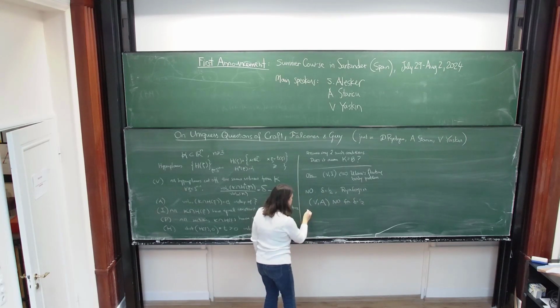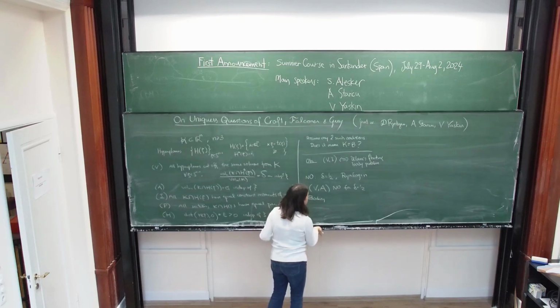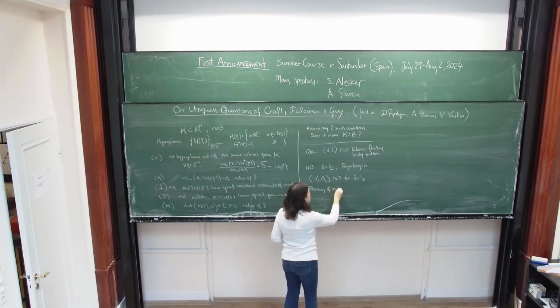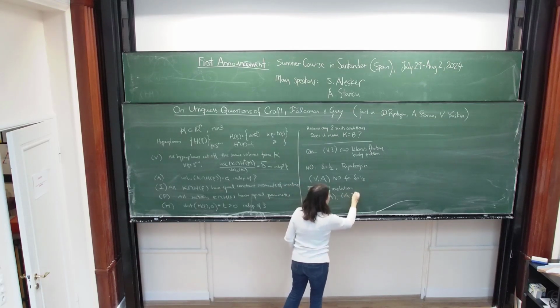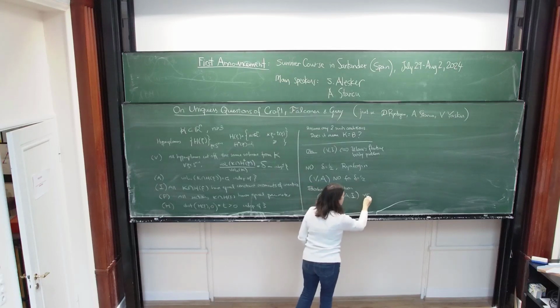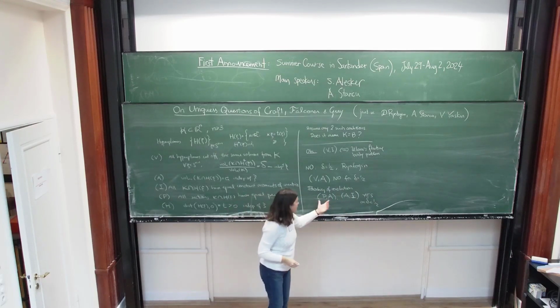On the other hand, in the class of bodies of revolution, if you assume conditions PA or conditions AI, the answer in this class of bodies of revolution is yes for every density, because basically you have an isoperimetric inequality that you can use.